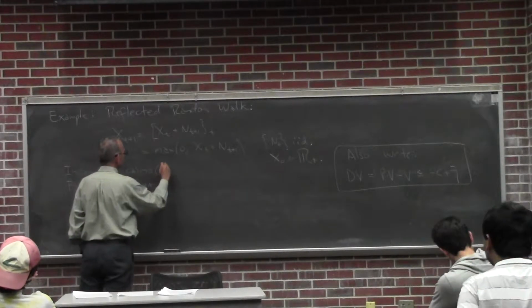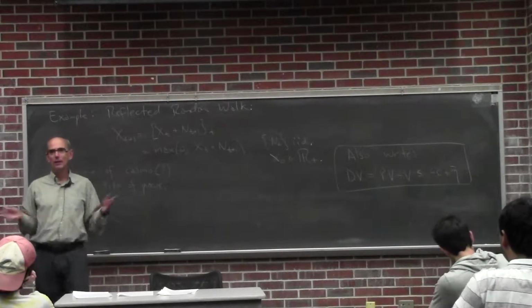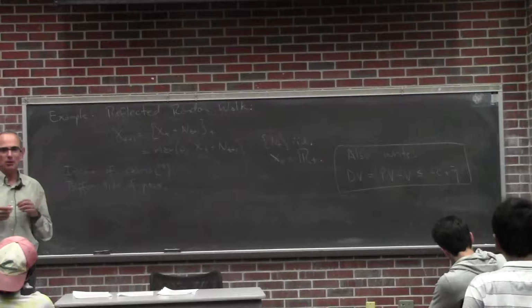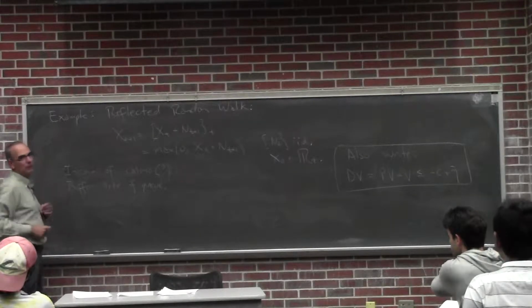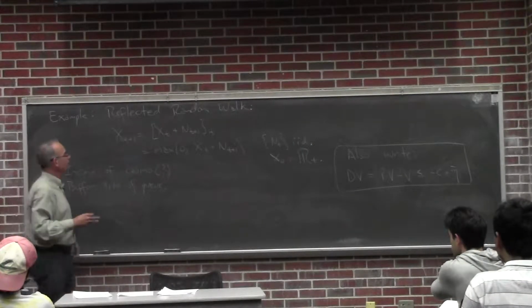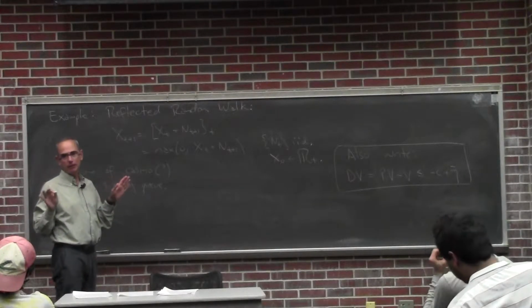I'll put a question mark there. The plus sign doesn't make as much sense. Basically, once it hits 0, it's out of assets, it's broke, it closes out, which isn't likely to happen. So it's more traditionally the buffer size of a queue. And in that case, you always assume that the mean of n is negative.